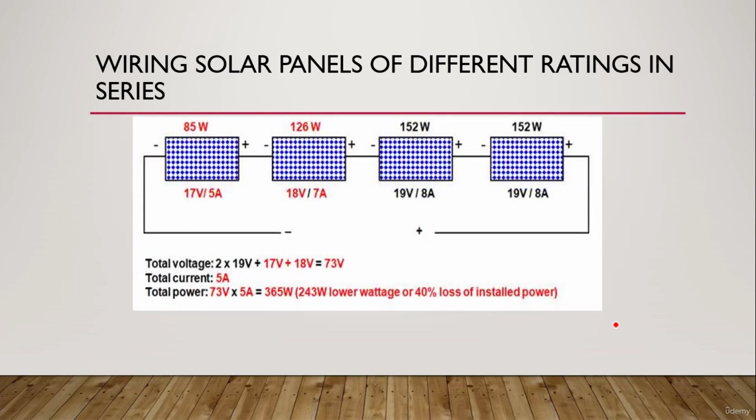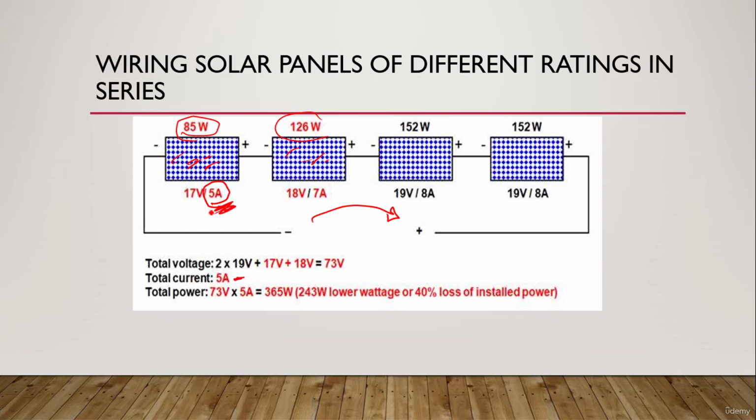The next example, what would happen if we have 2 PV modules with lower power due to shading? The first one is 85 watt, the second one is 126 watt. The current is going to be forced to the lowest value. So the lowest value for the current is going to be 5 amperes. So the total current is going to be 5 ampere.